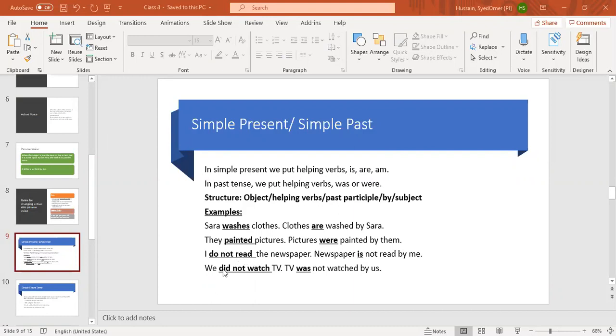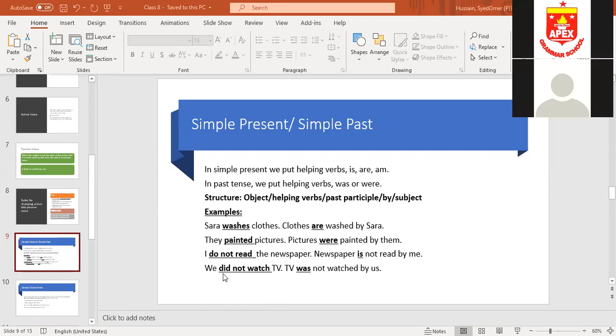Okay, we did not watch TV. Did not means the simple past, so we are going to put was or were. TV was not watched by us. Basically, you have to follow this formula. First, you have to bring the object. TV is the object. Then you have to put the helping verb. It is past tense, so we will put was not.